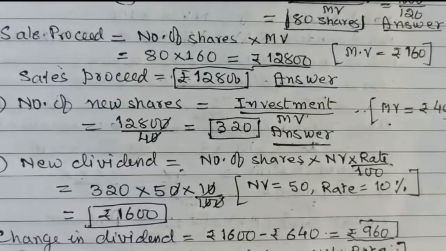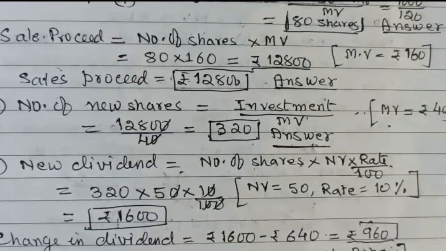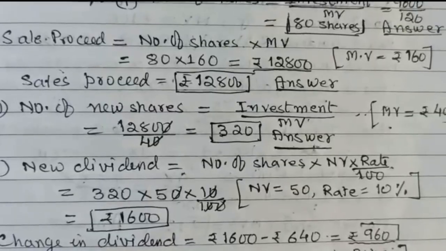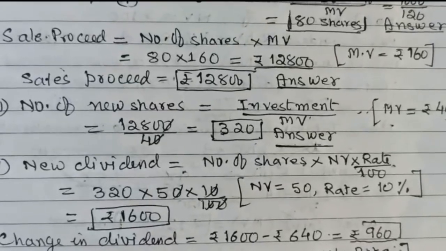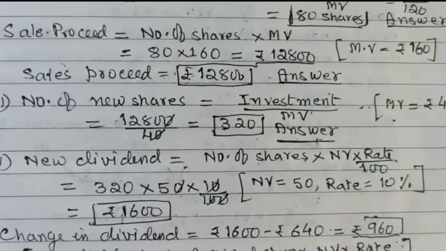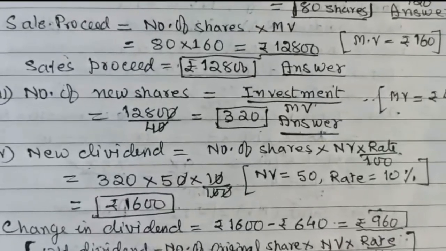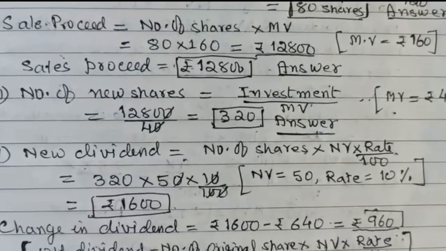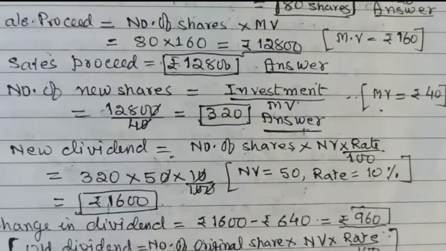The number of new shares is equal to investment divided by market value of the new share, which is equal to 12,800 divided by 40, which becomes 320. That is, the answer to the third part is the number of new shares is 320.